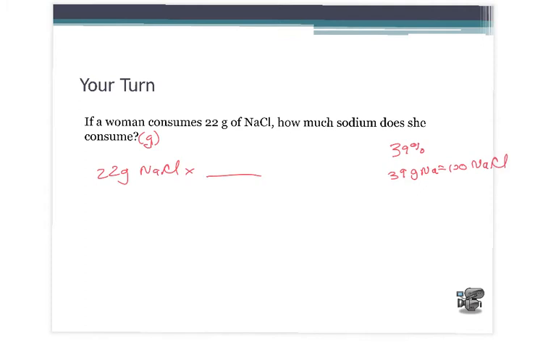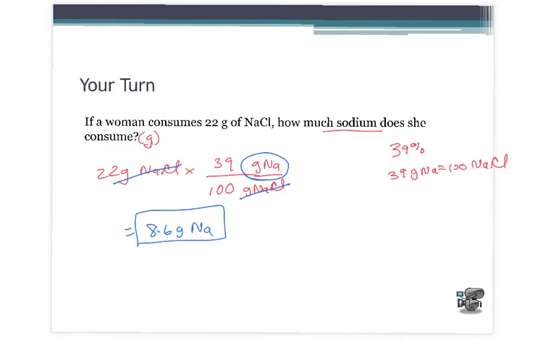This time, since we have sodium chloride on the top, we're going to put grams of sodium chloride on the bottom. And we want to put our desired unit on the top, grams of sodium. So there's 39 grams of sodium for every 100 grams of sodium chloride. The sodium chloride cancels out. We're left with grams of sodium, and we end up with 8.6 grams of sodium. So she is consuming well above the FDA set limit.